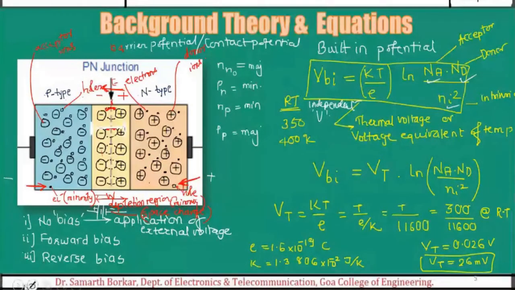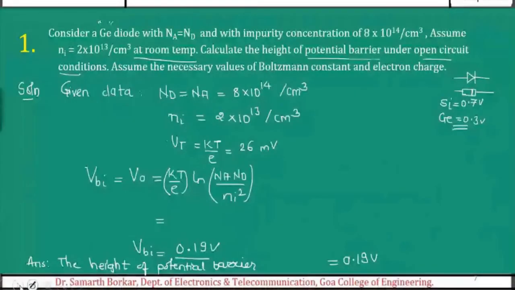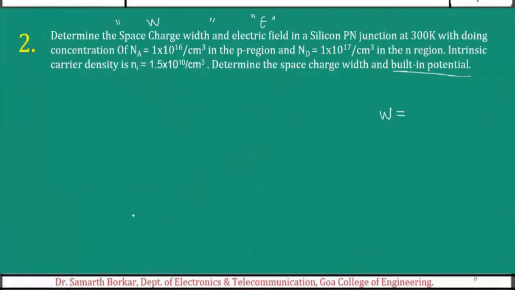This is the width W. For your information, we are going to derive this in the class. W is given by the square root of 2 epsilon naught epsilon R times the built-in potential over E, times NA plus ND divided by the product NA times ND, raised to half.